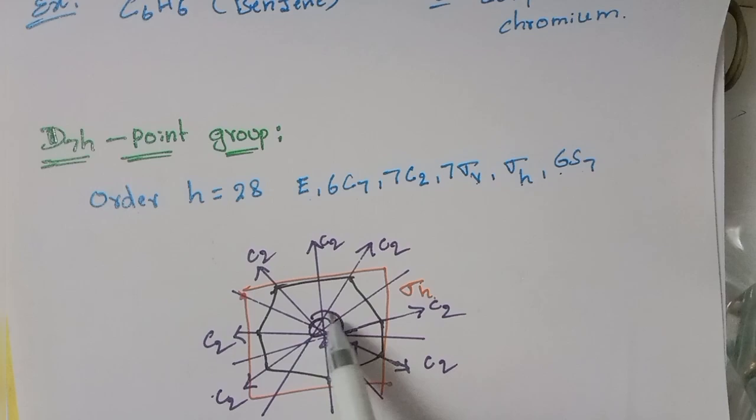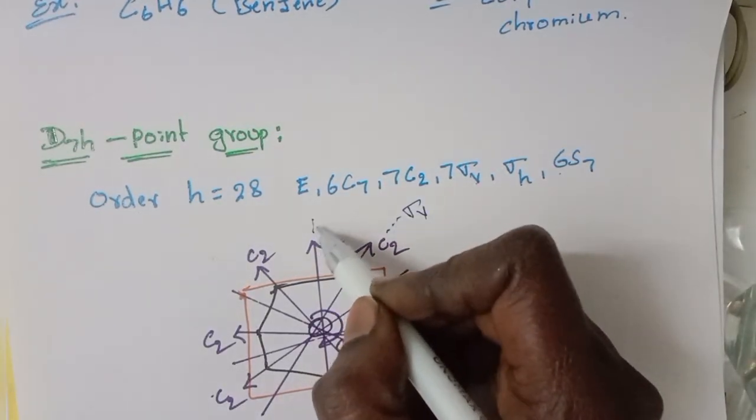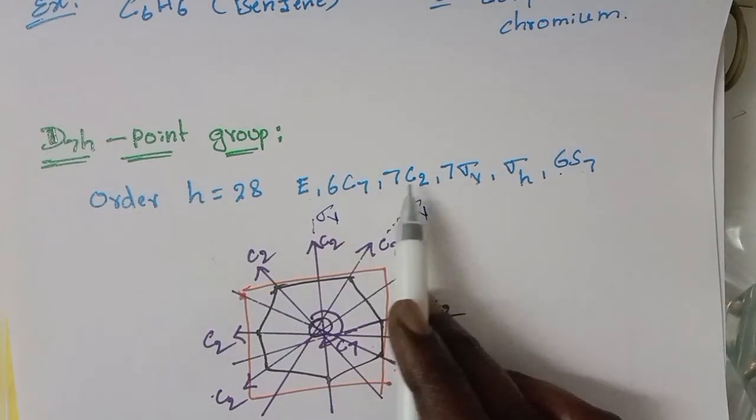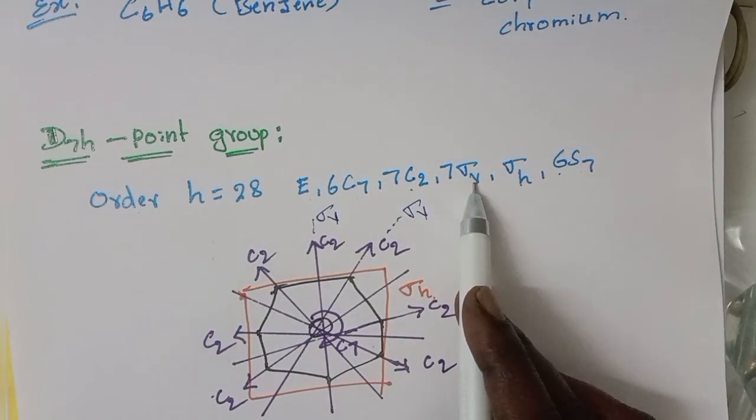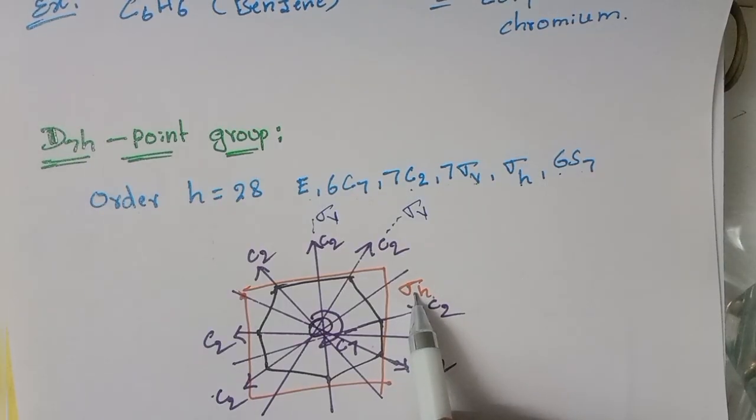So C7 is the principal axis. Through 7 corners, each C2 is present. And through each C2, 1 sigma v is present. Like that, 7 C2s, 7 sigma v's. And the molecular plane can be considered as sigma h.